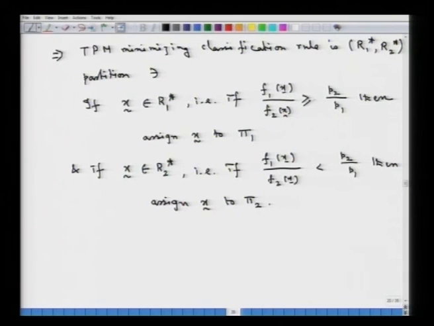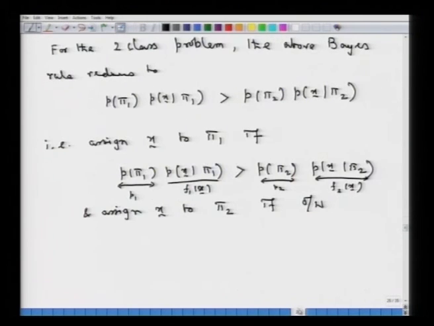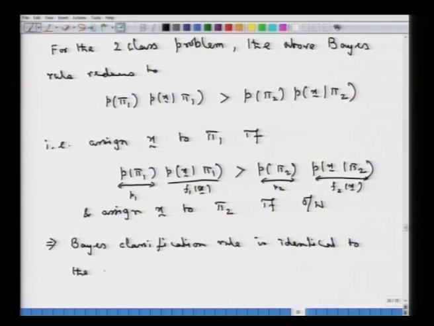For a continuous distribution, this equality does not matter, since we will have that equality with probability 0. For a discrete distribution, some cases can have that ratio equal. Hence the Bayes rule, or Bayes classification rule, is identical to the total probability of misclassification minimizing classification rule.